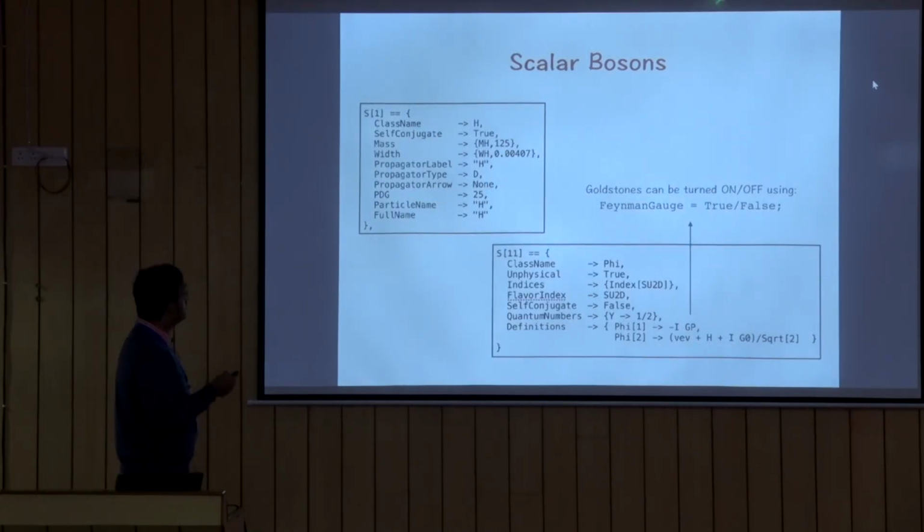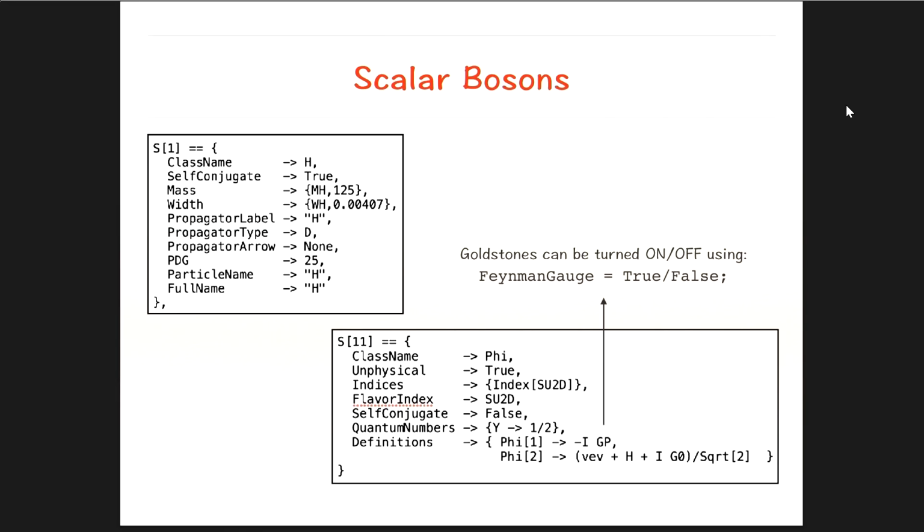Now you can define the scalar boson in exactly the similar way, and the indices will involve the transformation of the Higgs doublet under the fundamental representation of SU2. So that is what is here. You have to define its hypercharge. We argued that the usual way we write the standard model Higgs doublet has a hypercharge of half, and the definition is that you now explicitly write that this is the Goldstone, the charge associated with phi 1 plus i phi 2.